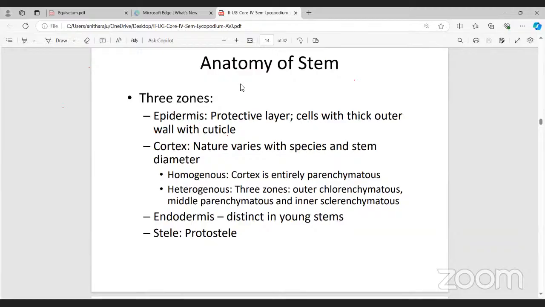In any internal structure, there are three regions. What are the three regions? Epidermis, cortex, stele. Right. Let's discuss one by one. Epidermis, that is a common character. Epidermis never changes. Always epidermis is uniseriate, a protective layer with thick outer cuticle. This is common.